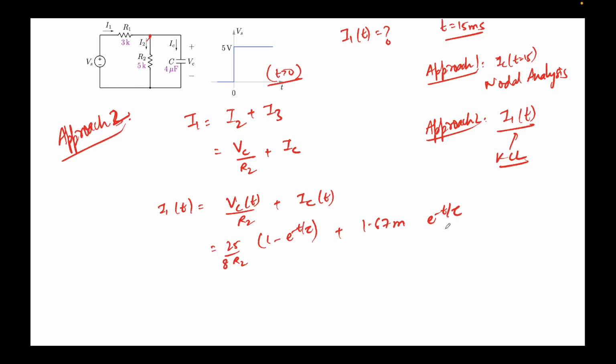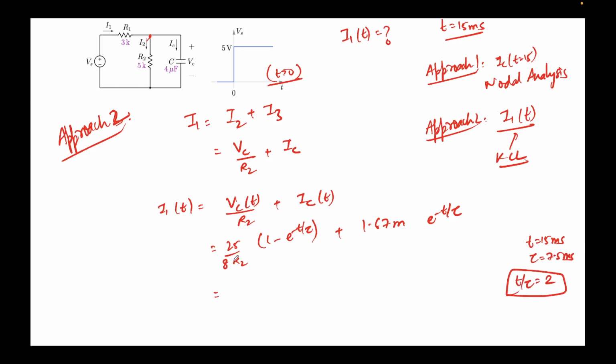So this is the complete expression, and now we'll simply put t equal to 15 milliseconds, right? Mind you, tau is 7.5 milliseconds. So effectively t by tau will come out to be 2.